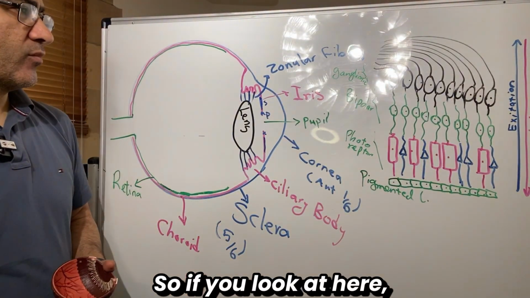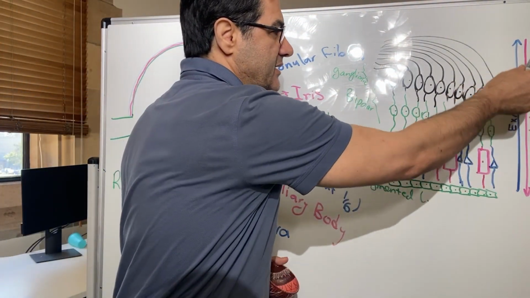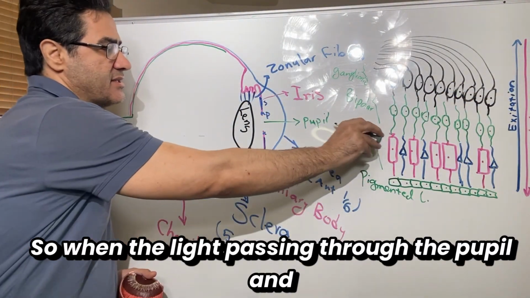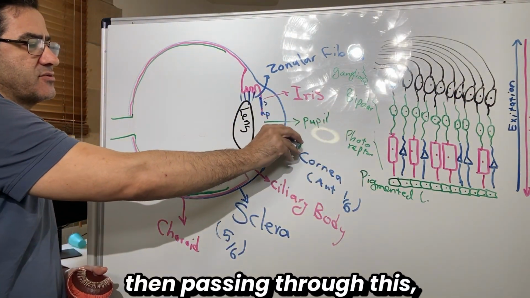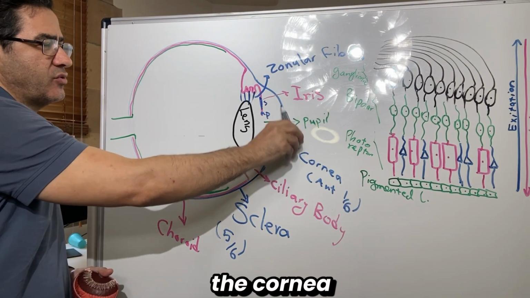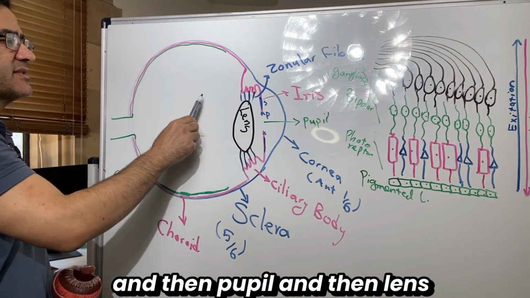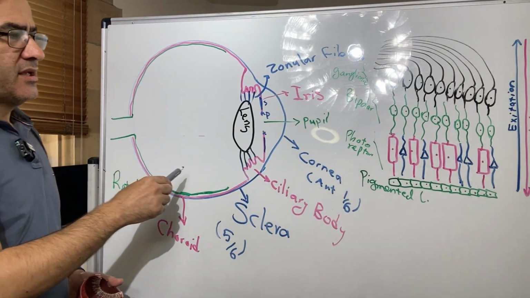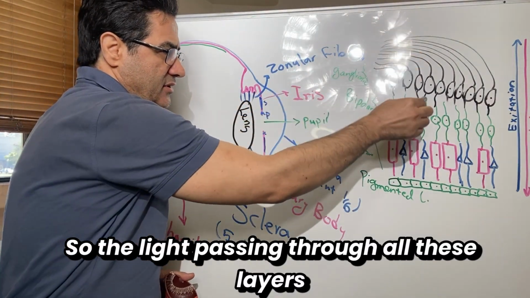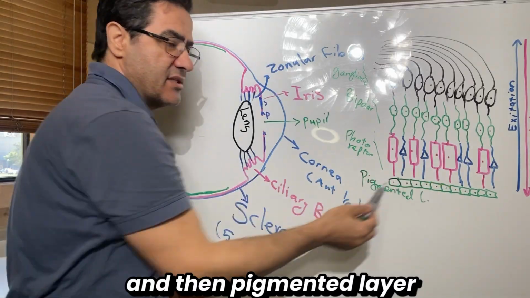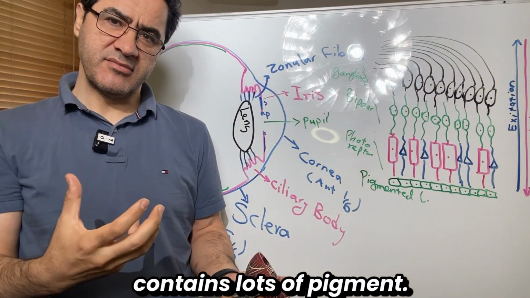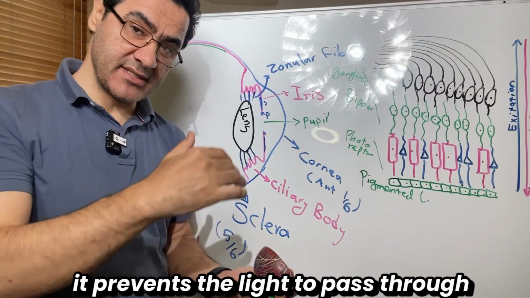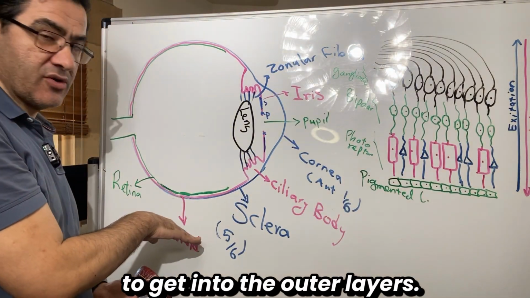If you look here, the pink shows the way of the light. The light passes through the cornea, then the pupil, then the lens, and it gets into the retina. The light passes through all these layers, and the pigmented layer contains lots of pigment and traps the light, preventing it from passing into the outer layers.